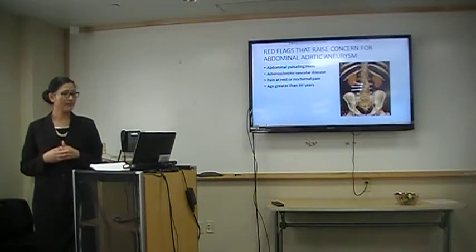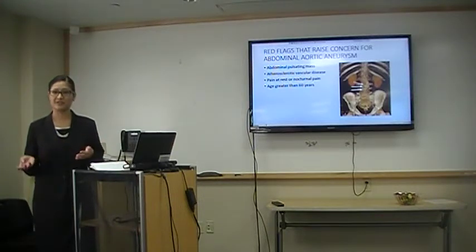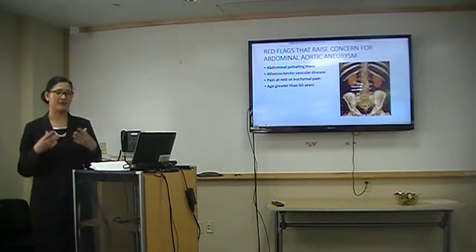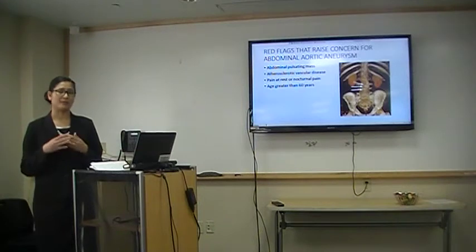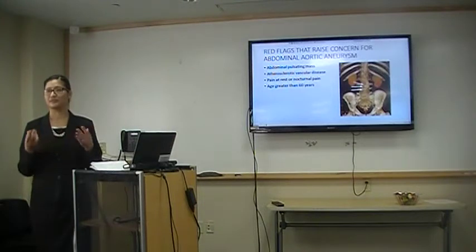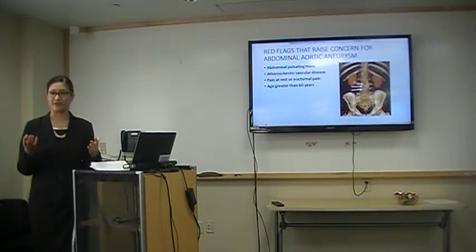Then abdominal aortic aneurysm is also something that can cause back pain. When we examine them, we try to see if this is something more visceral, like an abdominal pulsating mass, a history of vascular disease, pain at rest or nocturnal pain, or greater risk in patients age greater than 60.